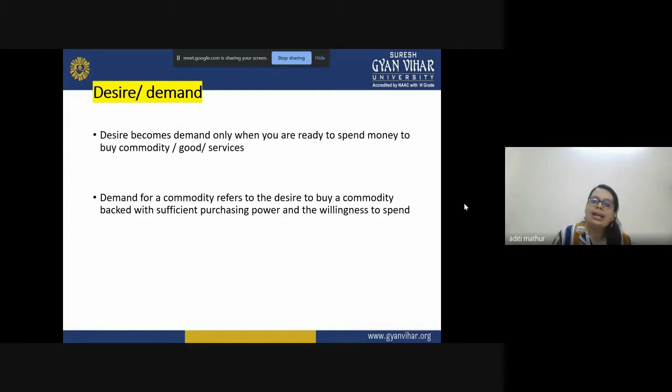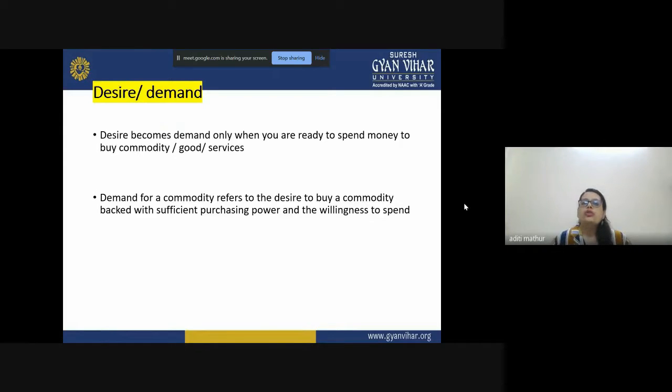So desire becomes demand only when you are ready to spend the money so that you can buy what you are desiring. And it can be any commodity, any good, or any services. Right? So your desire becomes demand only when you are ready to spend the money. Only the readiness to spend the money is the criteria to say that I want something or I'm demanding something.